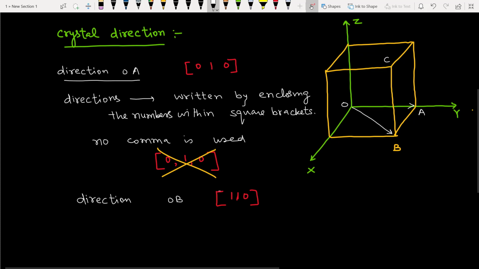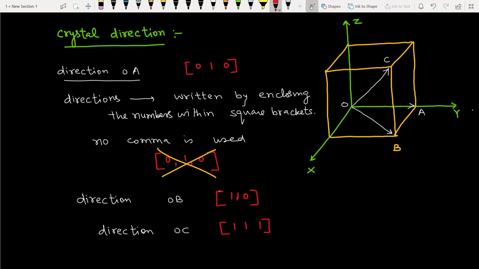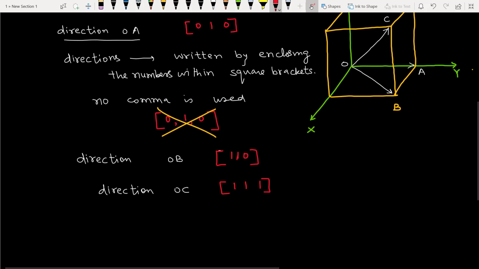If we wish to write this body diagonal OC, it is in space. It will be written like 1, 1, 1. All the three coordinates are there for the point C.